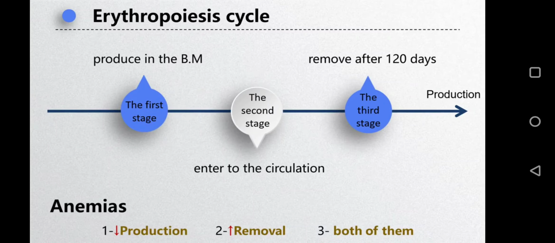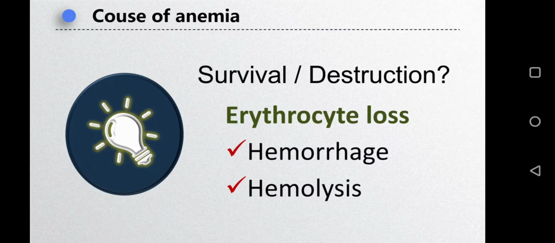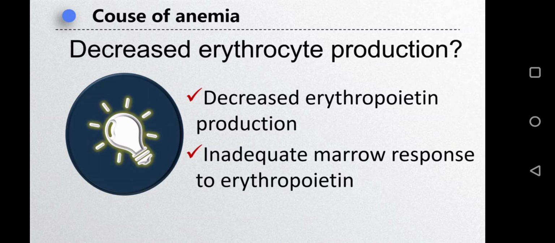Red blood cells are produced in the bone marrow, then enter the circulation and are removed after 120 days. If production is reduced or removal is increased, both will cause anemia. So, what can reduce the production? Decreased erythrocyte production, decreased erythropoietin production, and inadequate marrow response to erythropoietin.